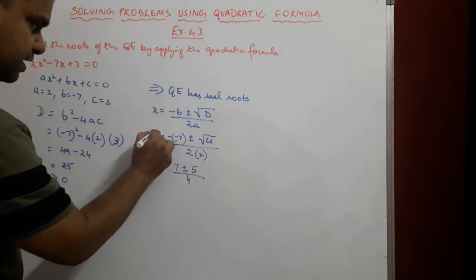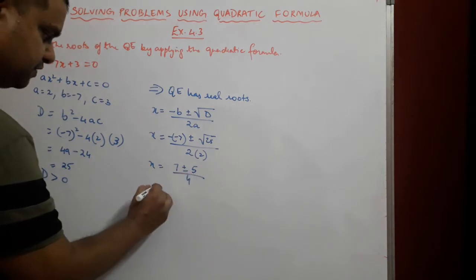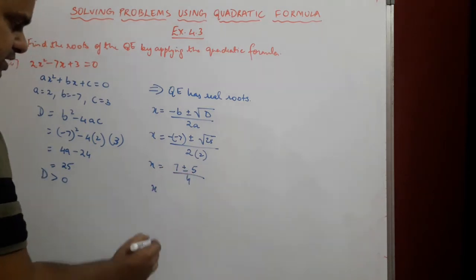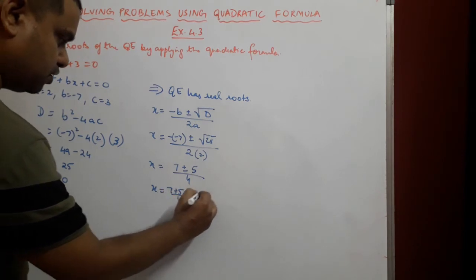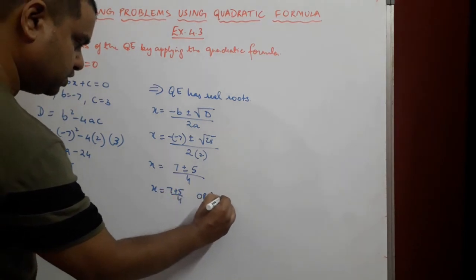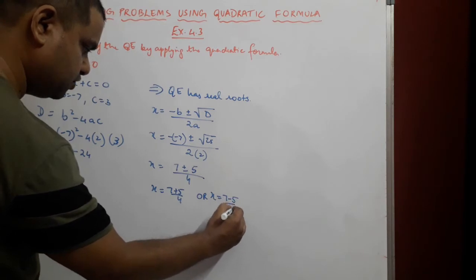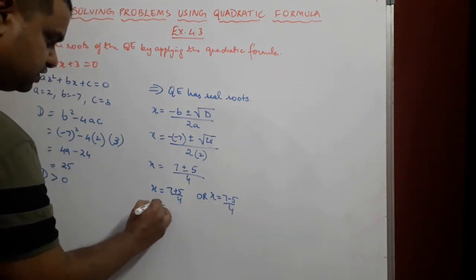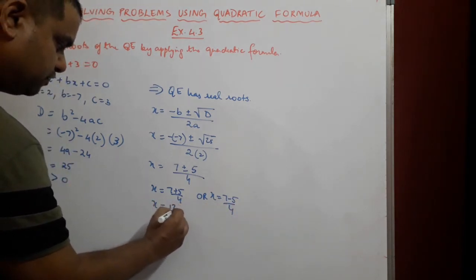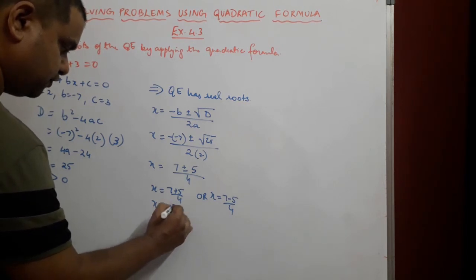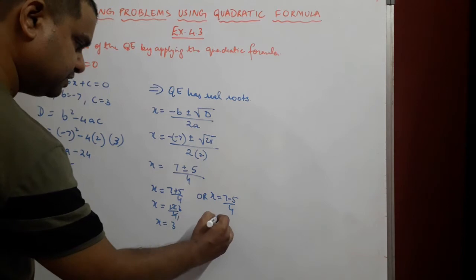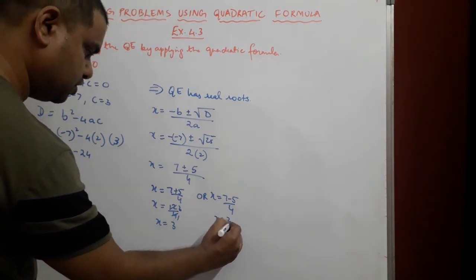So we get x equal to this, and then if further we can put this as x equal to 7 plus 5 upon 4, or x equal to 7 minus 5 upon 4. And if we solve this further, we get x equal to 12 upon 4, which is equal to x equal to 3. 4 1s are 4, 4 3s are 12, and here this will be x equal to 2 upon 4.